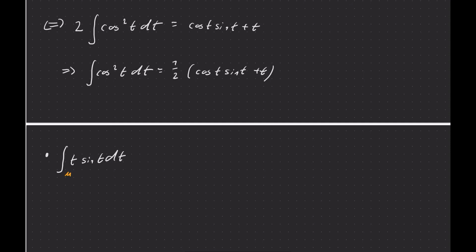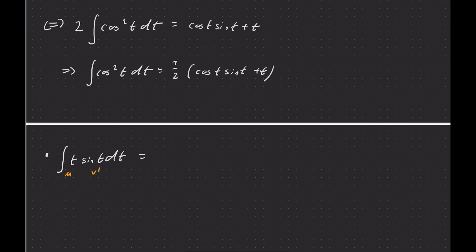So let's designate t as u and sine t as v prime. And then when they swap roles, we'll exchange this by u prime v, basically. That means the t will vanish through differentiation. The sine t will turn into a cosine, but it's easy to integrate a cosine, so that doesn't hurt us a lot. Okay, so again, integration by parts.